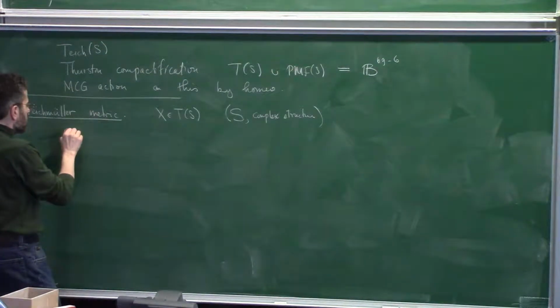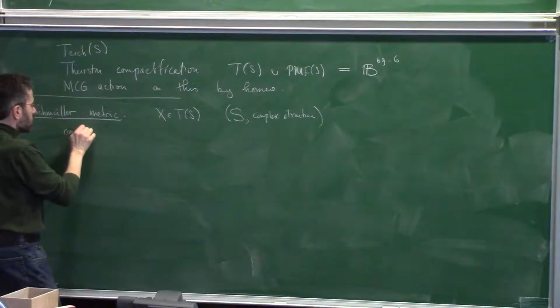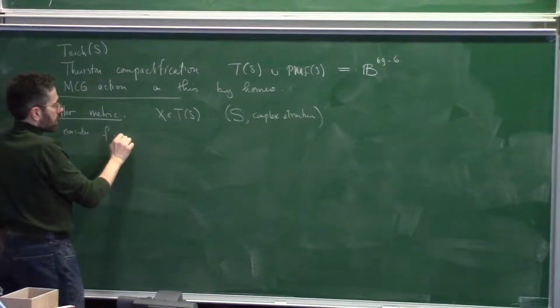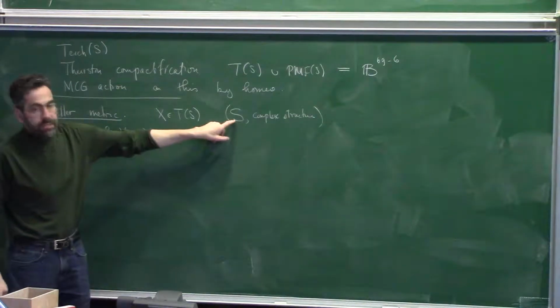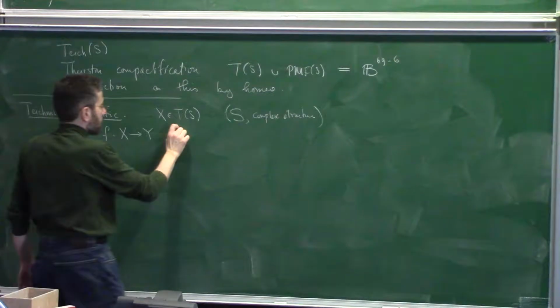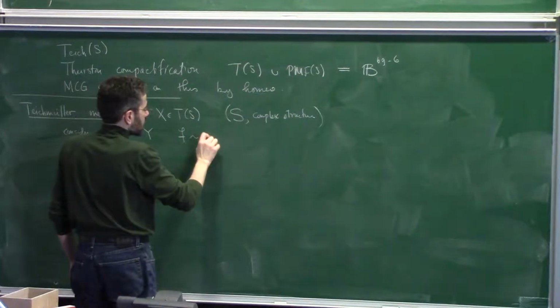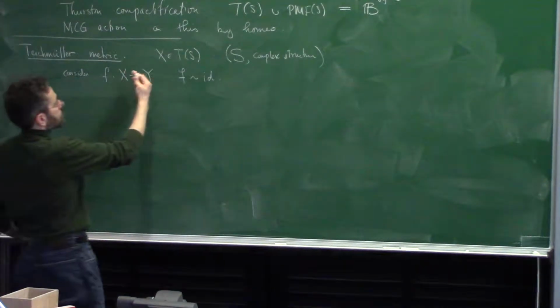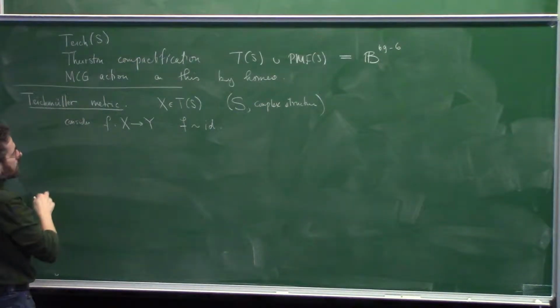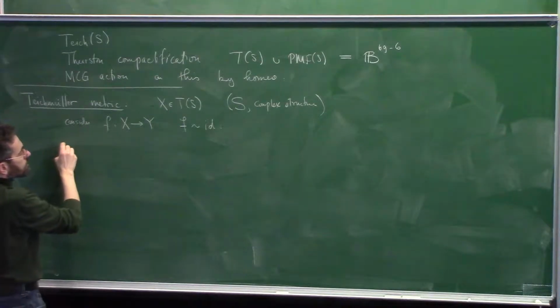You consider a map F, and I'm going to write from X to Y, but really it's from the underlying surface S to itself, and I want to choose F to be isotopic to the identity. It's supposed to be a way of trying to convert one structure to the other, and so we measure its failure to do that, first pointwise.